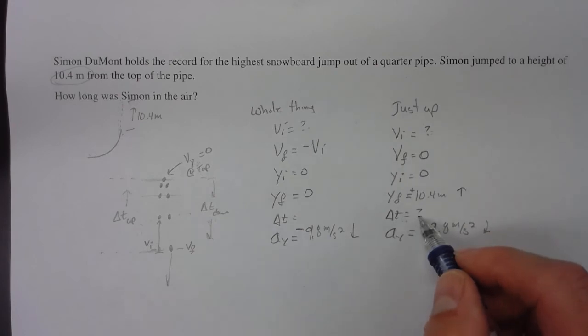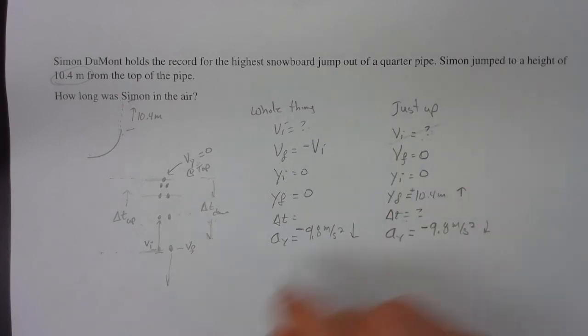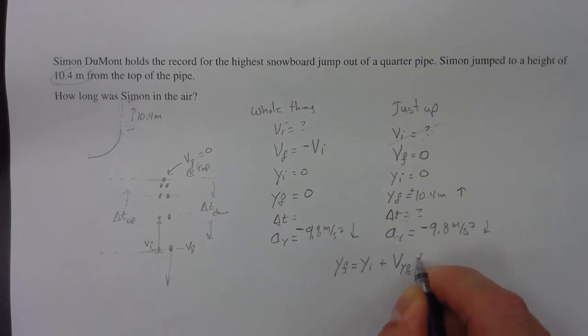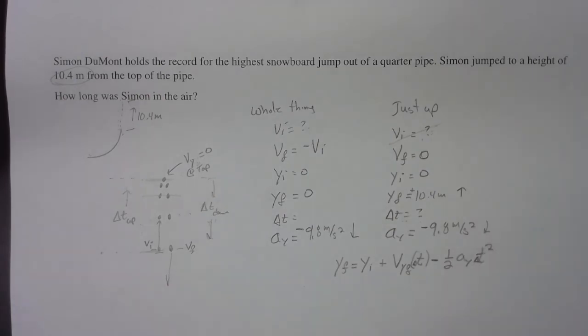I don't know the initial velocity, so I'm going to use the equation without it, and that equation is y final equals y initial plus vy final times delta t minus 1/2 ay delta t squared.